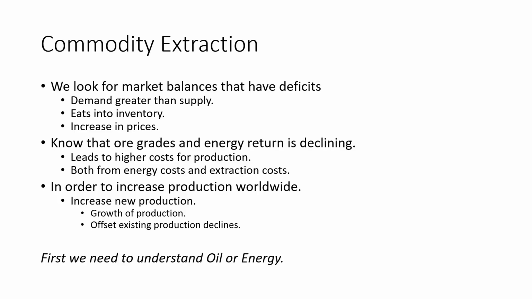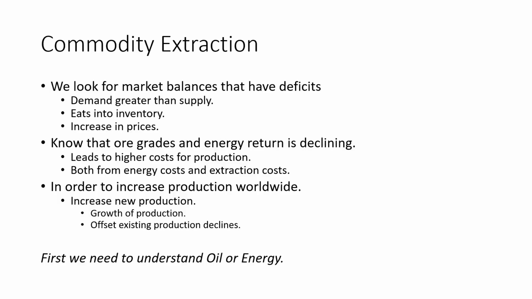In order to increase production worldwide, there are a couple of things that have to happen. It's not just straightforward increased production. You have to increase new production of materials. That is growth of production, which also offsets existing production declines.